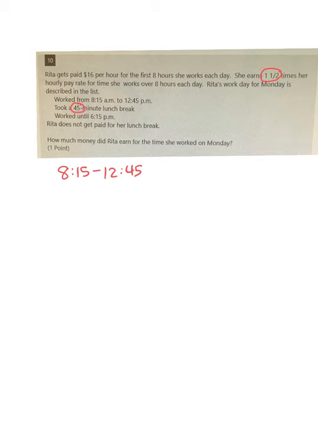So let's figure that out real quick. So 12:45, and if you go 45 minutes later, so think about your clock, right? Here's your 12, here's your 3, 6, 9. At 12:45, here's 45 minutes, because this is 15 minutes, 30 minutes, 45 minutes.